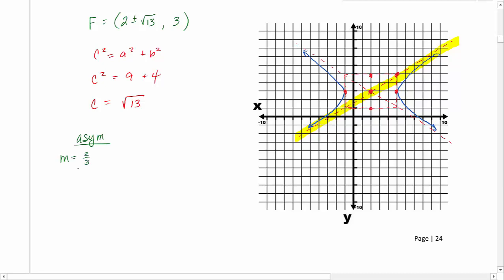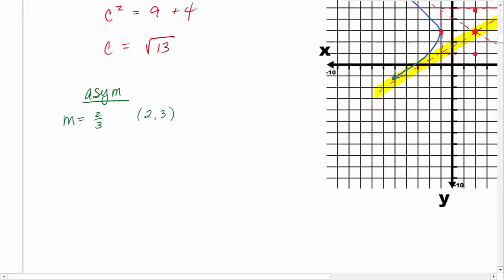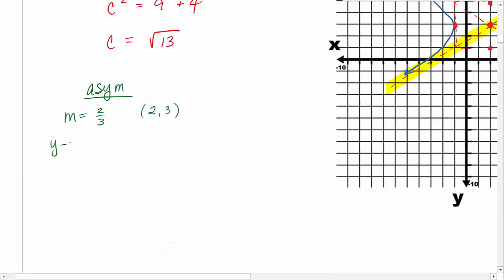That's happening at 2, 3. Y minus 3 equals 2/3 times x minus 2. So y minus 3 equals 2/3 x minus 4/3. And then we'll add 3 to both sides. The equation of our first asymptote is y equals 2/3 x plus 5/3.